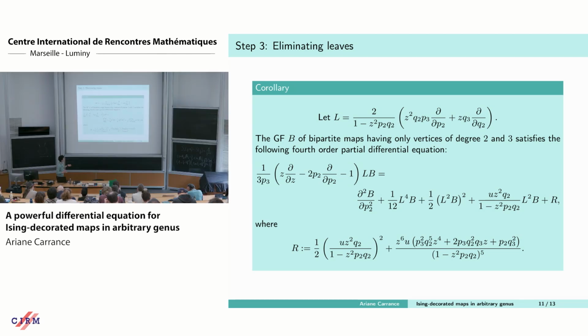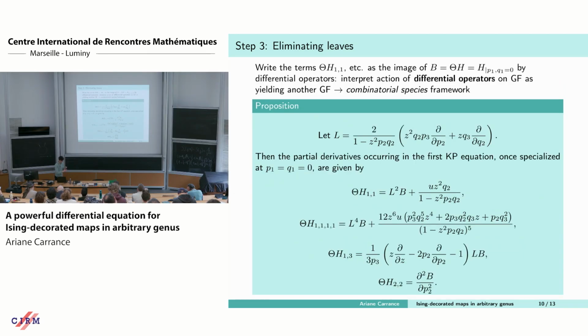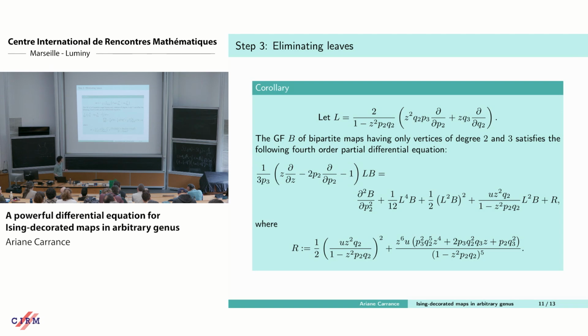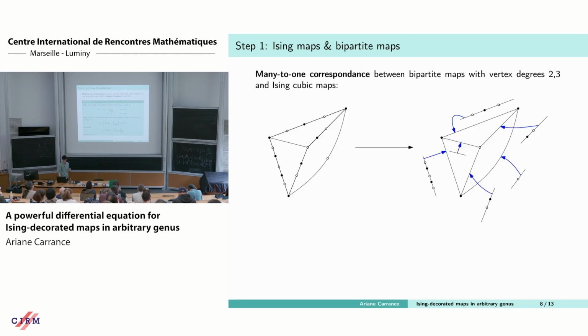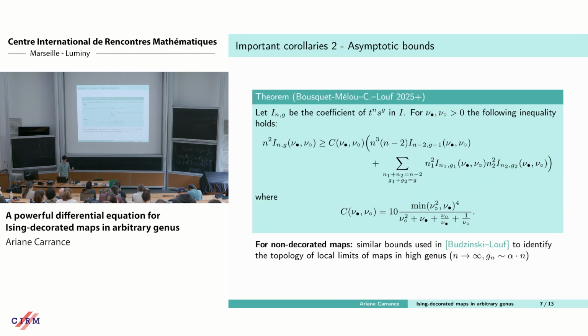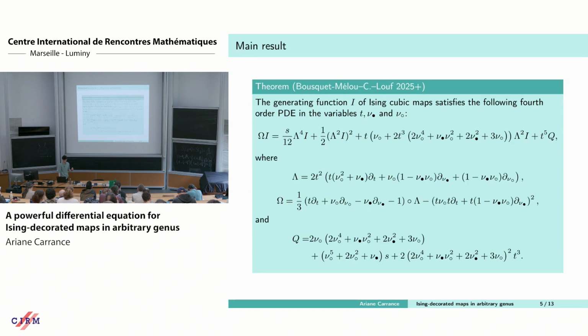You just follow this dictionary for your theta applied to H something, and you get this. And then you apply the change of variables that we had before to go from a PDE satisfied by B to a PDE satisfied by I, which is going to be this one.